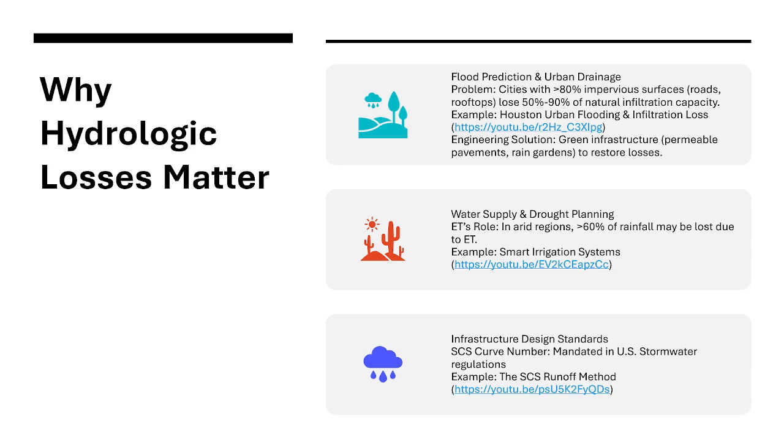Okay, impervious surfaces meaning they have roads and rooftops. These roads contribute to the loss of 50% to 90% of natural infiltration capacity, meaning they hinder the rainfall or the water from infiltrating the soil or the ground.